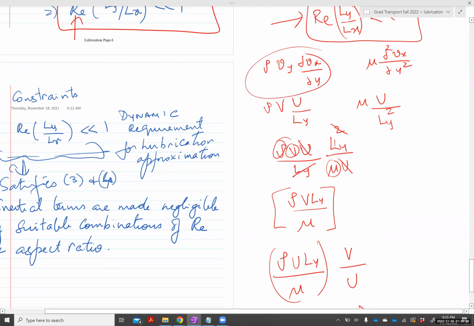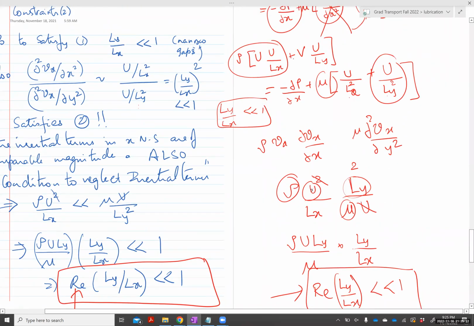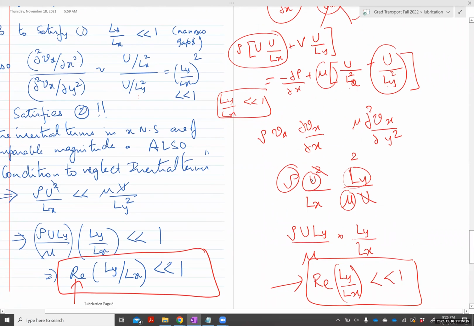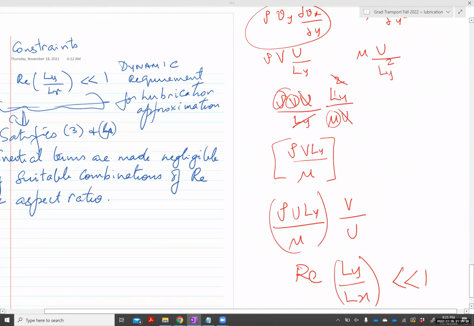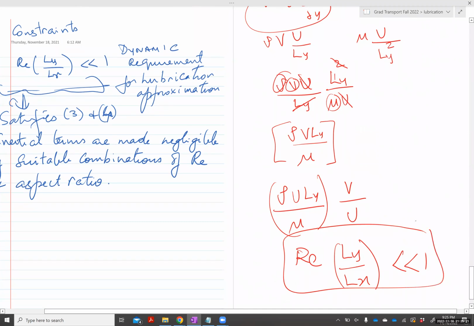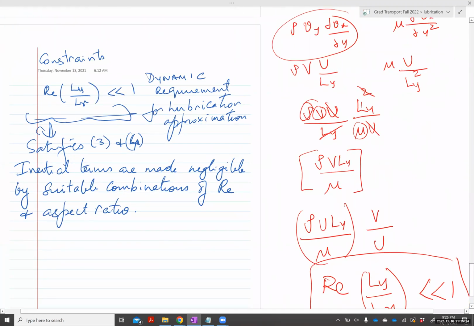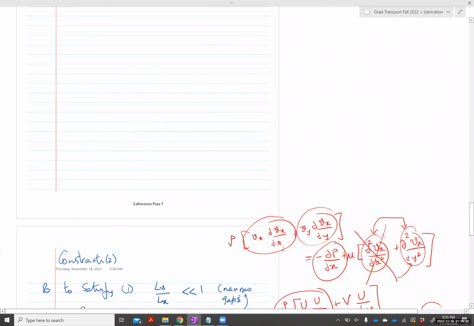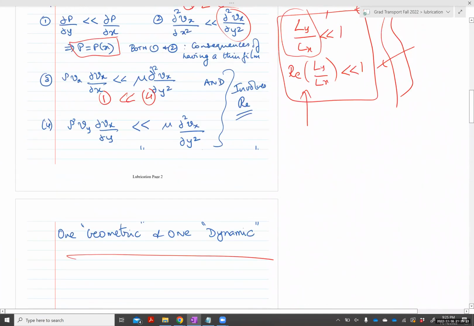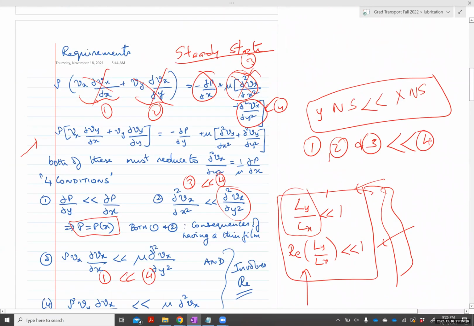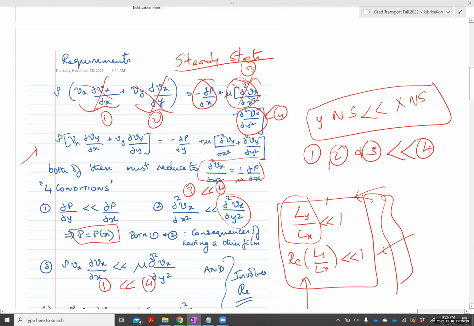So this is the second term in the Navier-Stokes: rho V u over Ly, and I'm going to compare that to mu u over Ly squared. Again, if the geometric constraint holds good, then I can neglect the inertial terms as well compared to the viscous terms. So basically, the Navier-Stokes simplifies and comes down to the lubrication approximation when two constraints are valid: the geometric constraint Ly over Lx much less than 1, and the dynamic constraint Reynolds number times Ly over Lx much less than 1.